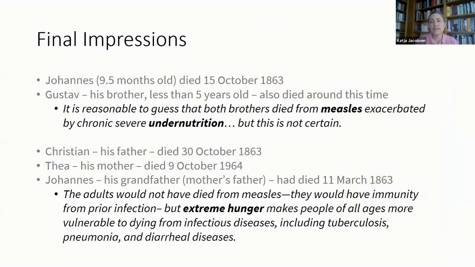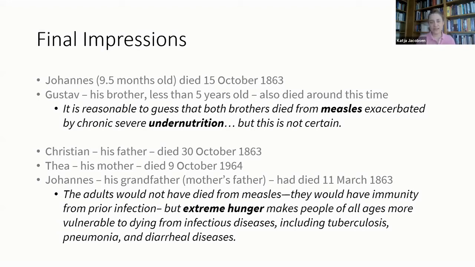So the best guess, and there's no way to prove this, but given what we're seeing in the historic records about malnutrition and measles epidemics in the 1863 time period, it's reasonable to assume that this family was extremely undernourished and that both brothers could have died from measles. And the parents would not have died of measles.